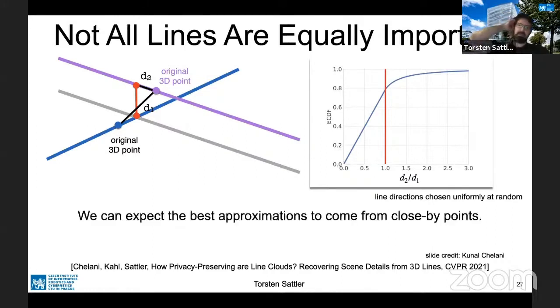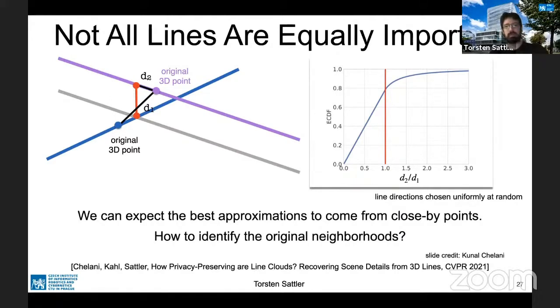What this implies is that you get better estimates for the original pink 3D point if you can identify lines that correspond to nearest neighbors of the original 3D point.